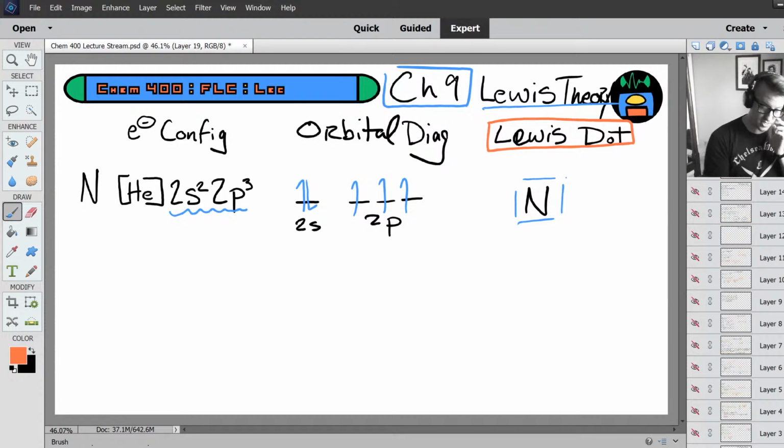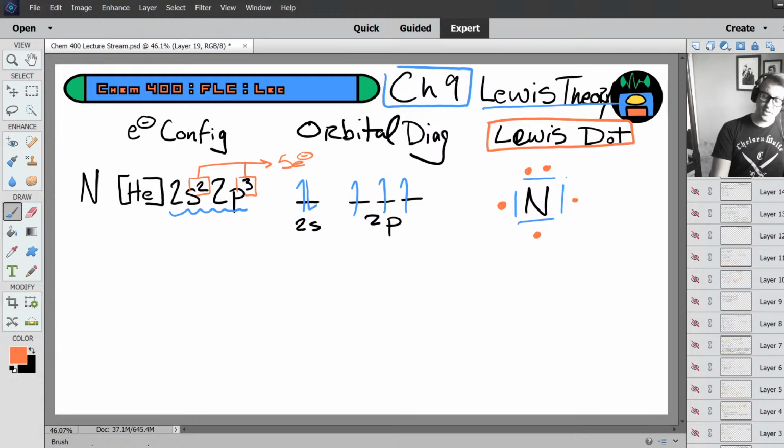So we have 5 valence electrons, right? Because we have 2 in the s plus 3 in the p. So we have 5 electrons. And you start by putting 1 dot on one side, then you move to the next side, 2, 3, 4, and then 5.